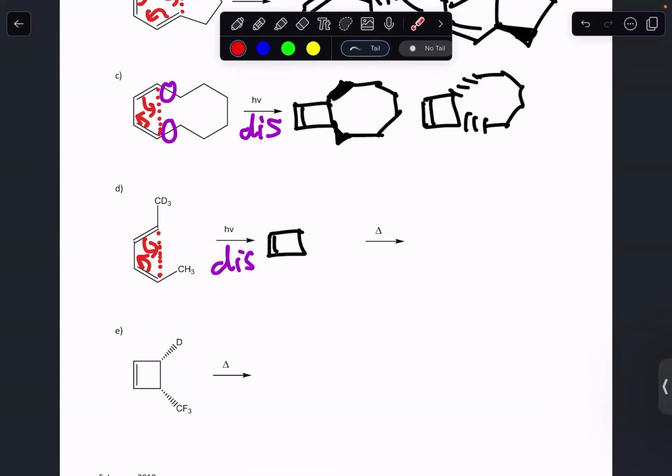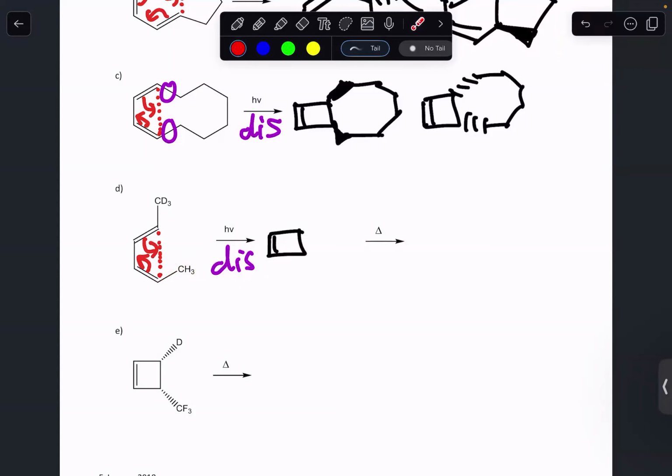So they're facing in the same direction. You know how the CD3 here is going up? This CH3 group here is also going up. If the CH3 was going down, they would face opposite directions. But we see the CH3 is also going up, so they would face in the same direction where we start our thumbs.